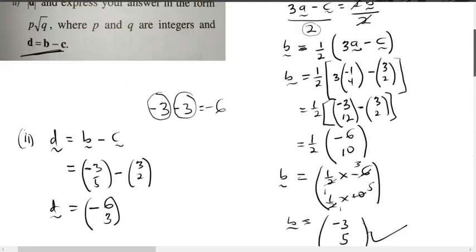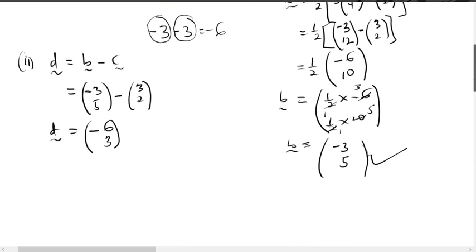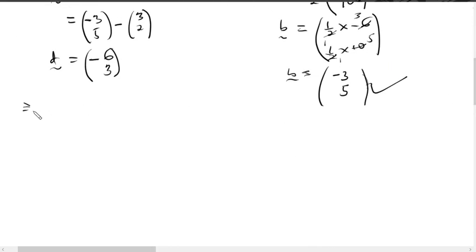If I know vector D, then I can find the magnitude of vector D. So the magnitude of this vector D is equal to the square root of the x part, which is negative 6 squared. And be very careful here. Anytime you are squaring a number, put it in brackets, especially if the number is negative, because if you type negative 6 squared into the calculator without brackets, you are going to get negative 36, which is wrong.